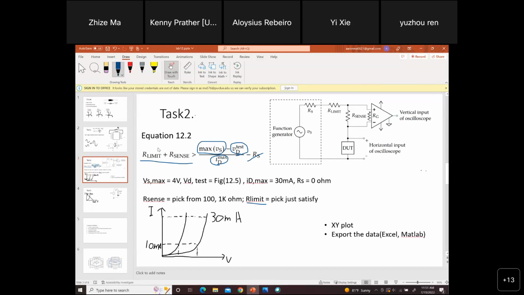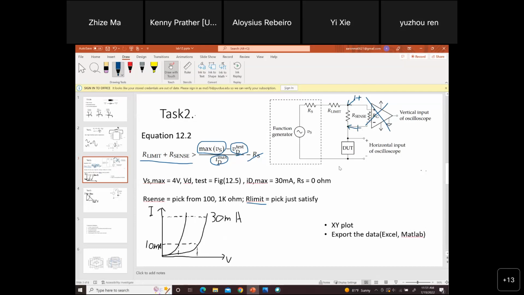After you get R limit and R sense, you can build the circuit. You're not going to use this ampere meter here since you're using AD2. So you can directly use the oscilloscope to measure the voltage across R sense. Let's say you choose channel 1 to measure R sense, so that will be 1 plus, and you put your 1 minus right here.